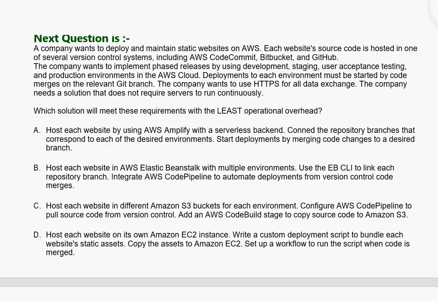The next question is, a company wants to deploy and maintain static websites on AWS. Each website's source code is hosted in one of several version control systems, including AWS CodeCommit, Bitbucket, and GitHub.